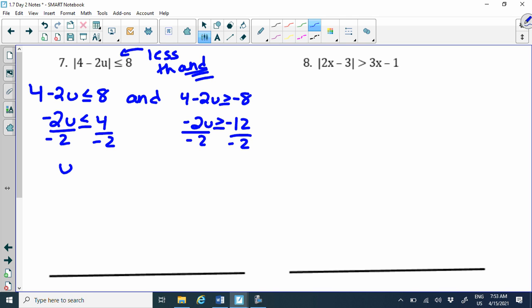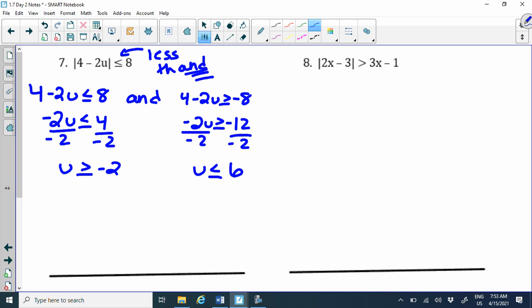So that was our unit 1. What happens when we divide or multiply by a negative? Well, our inequality sign actually has to switch. So we're actually going to have now u is greater than or equal to negative 2, and u is less than or equal to 6.